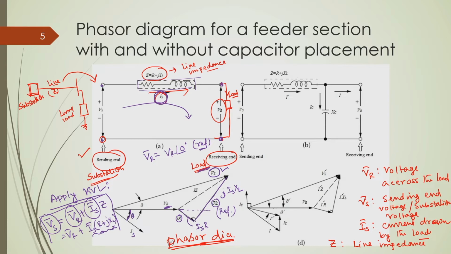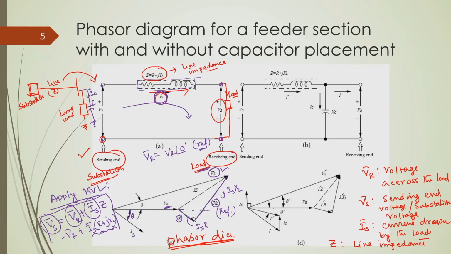Now, if we put a capacitor here in parallel to this load, this capacitor will also draw some current I c, and then what would be the revision or modification of the phasor diagram?